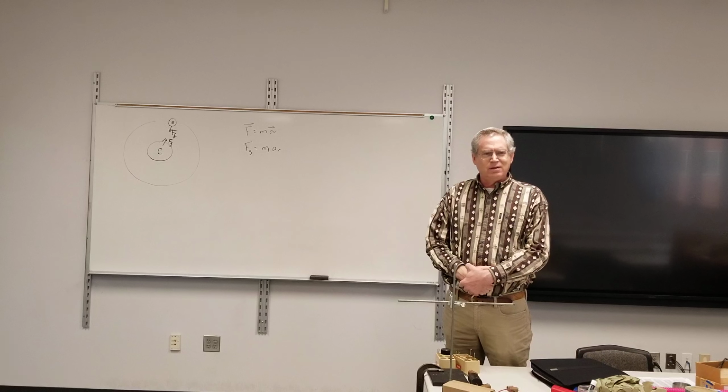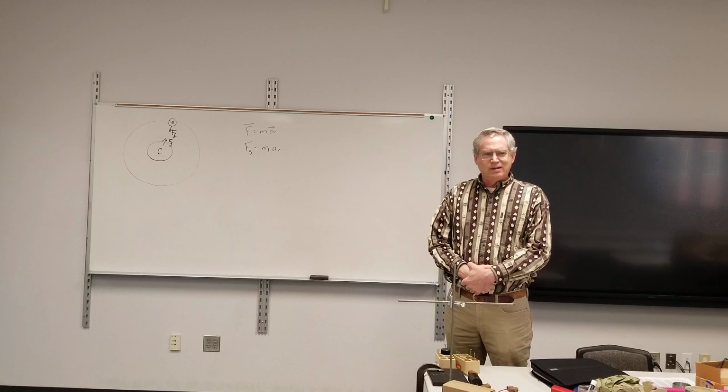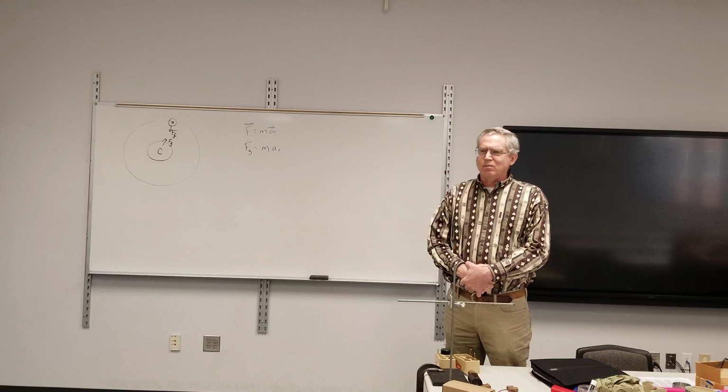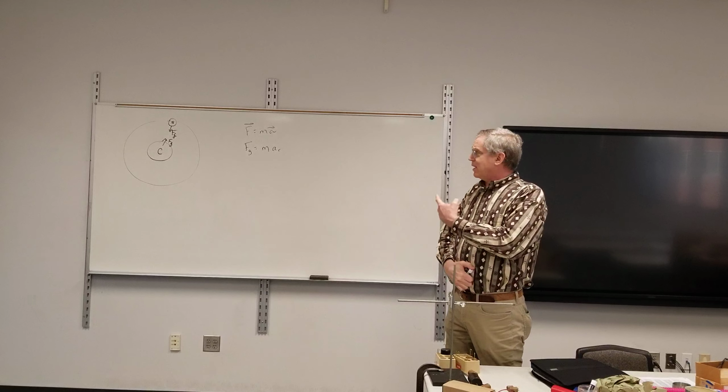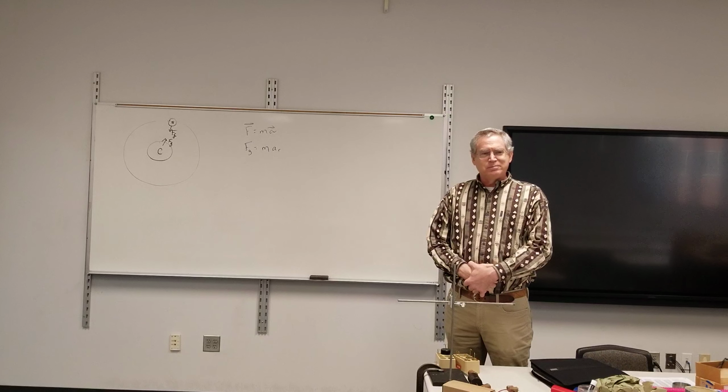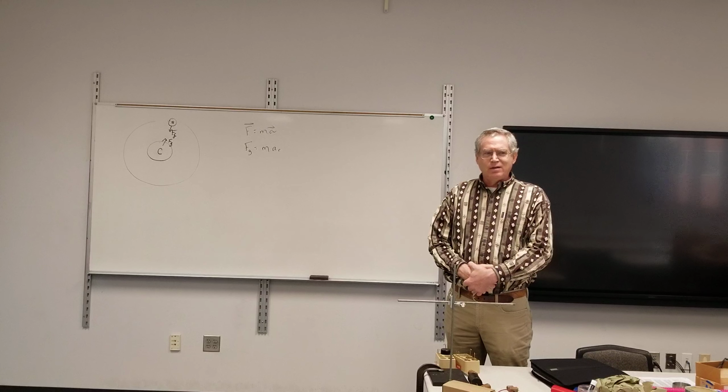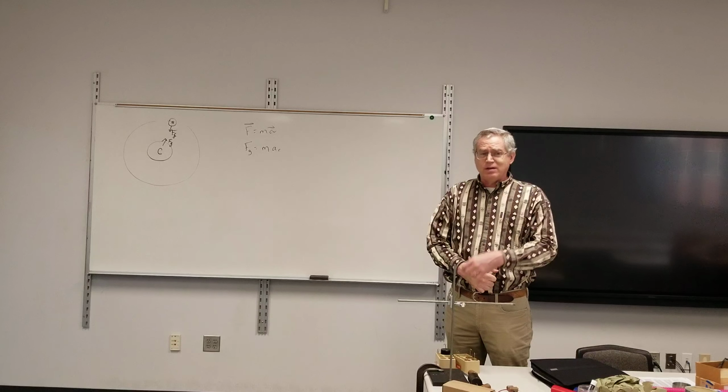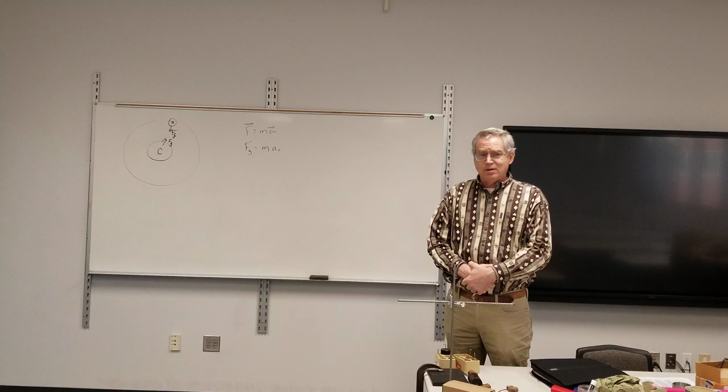Where? Going towards the core. No, not which direction. On Earth. Is the satellite on Earth? No. So you need to be near the surface of the Earth for that 9.8 meters per second squared to be the approximation. Is it not in orbit? It is in orbit.